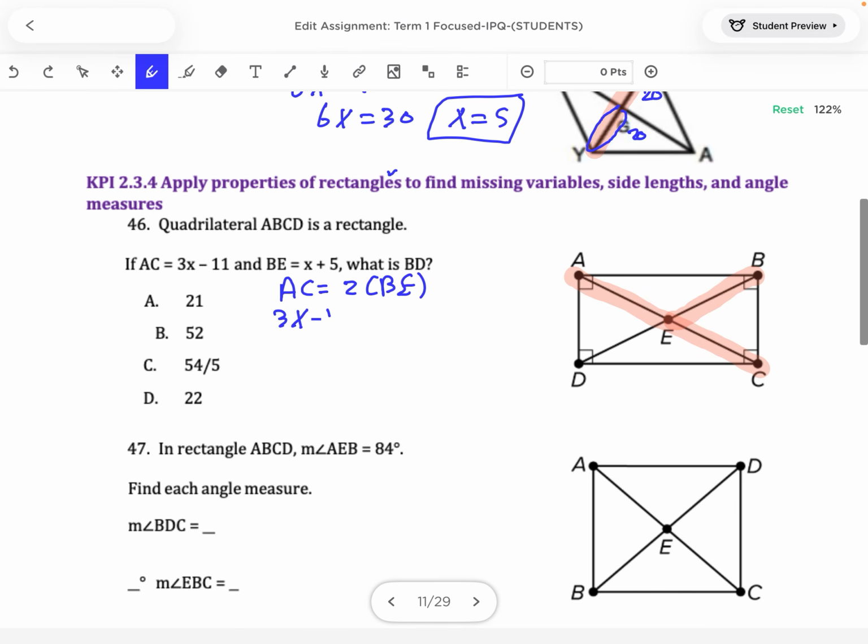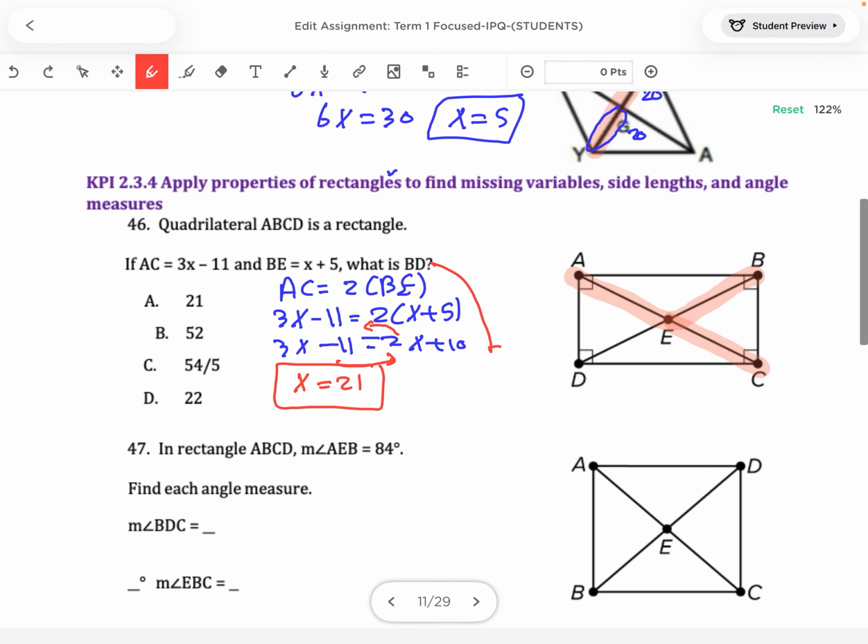So 3x minus 11 equals 2 multiplied by x plus 5. So 3x minus 11 equals 2x plus 10. X is together, or numbers together. So x will be 21.